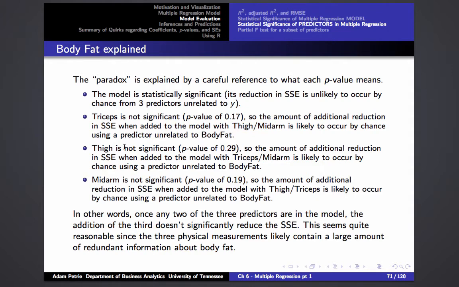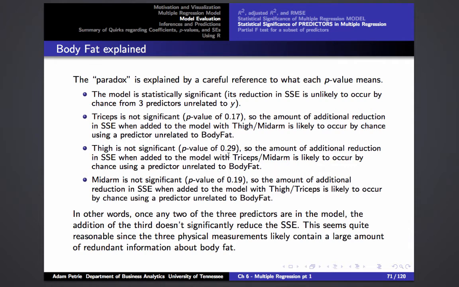Going through the other predictors, the same thing occurs. Thigh is not significant in the multiple regression model. Its p-value is 29%. So when we add thigh into the model already containing triceps and mid-arm, the amount of additional reduction in the sum of squared errors is not all that big. In fact, it's readily explainable just by chance. A random predictor could have decreased the sum of squared errors by that much.